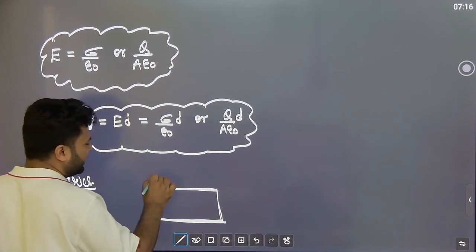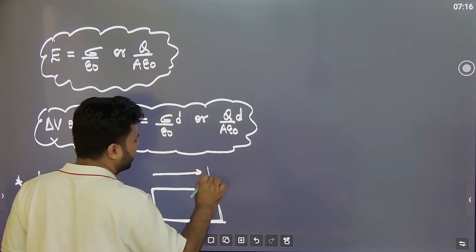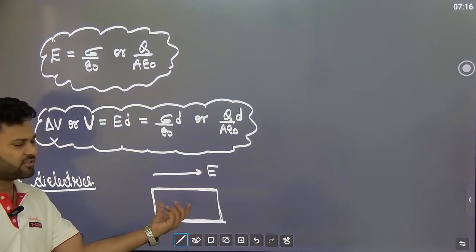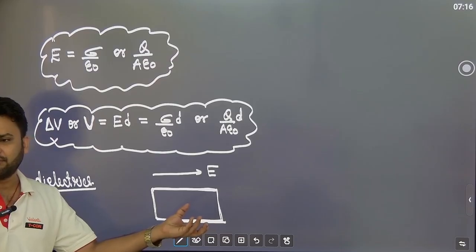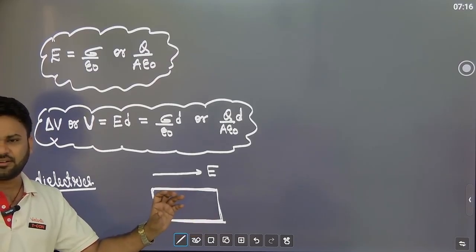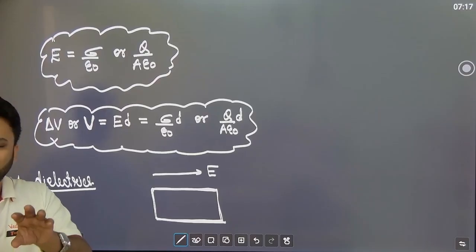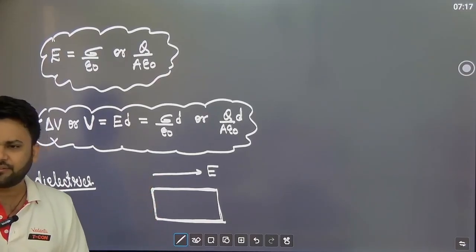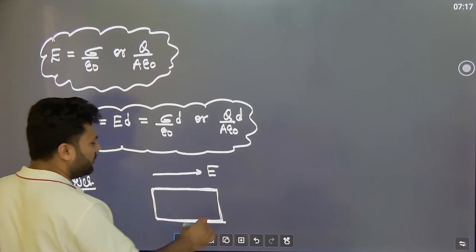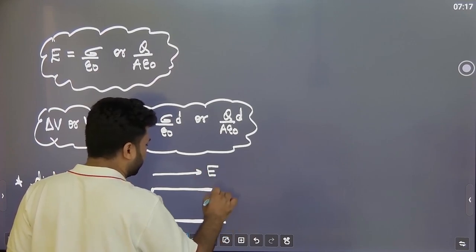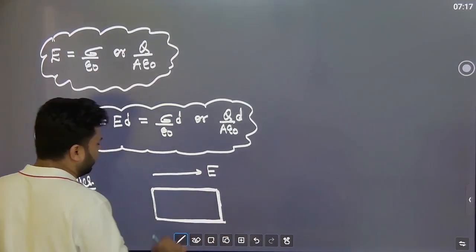But suppose there is some electric field outside, and this is a kind of semiconductor. Dielectrics are not very good conductors, but not insulators either. You can think of them like semiconductors, not a very good conductor. So what happens?